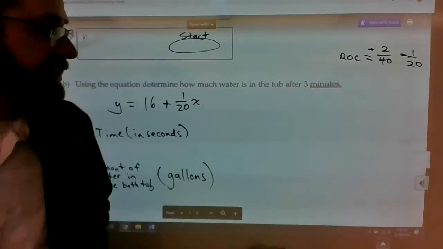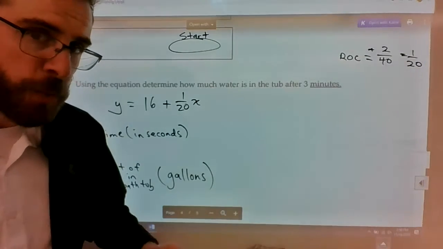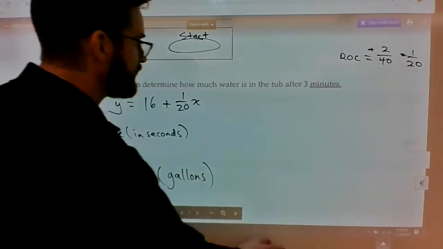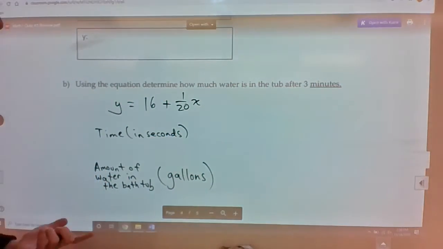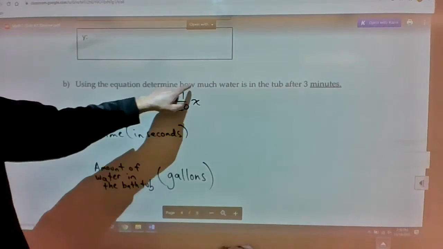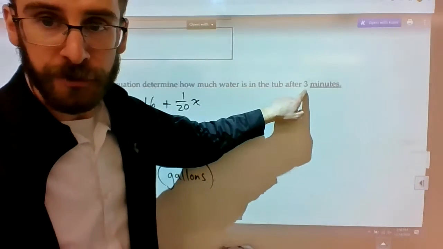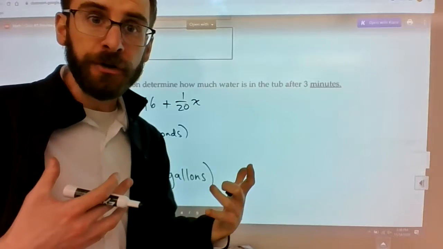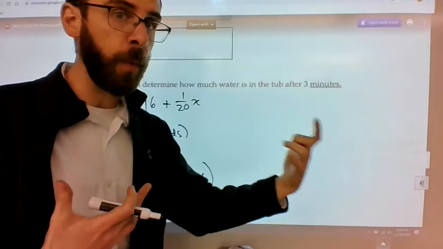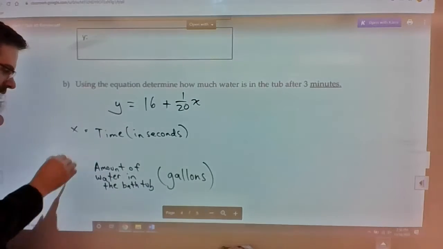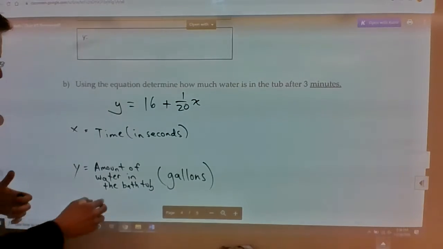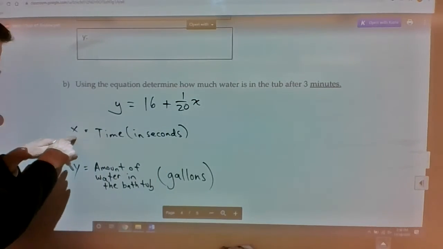Now, in each subsequent question, you are using that equation based on the information given to you. Determine how much water is in the tub after 3 minutes. So they're either giving you an x value or a y value. In this case, time represents x, so seconds are x.